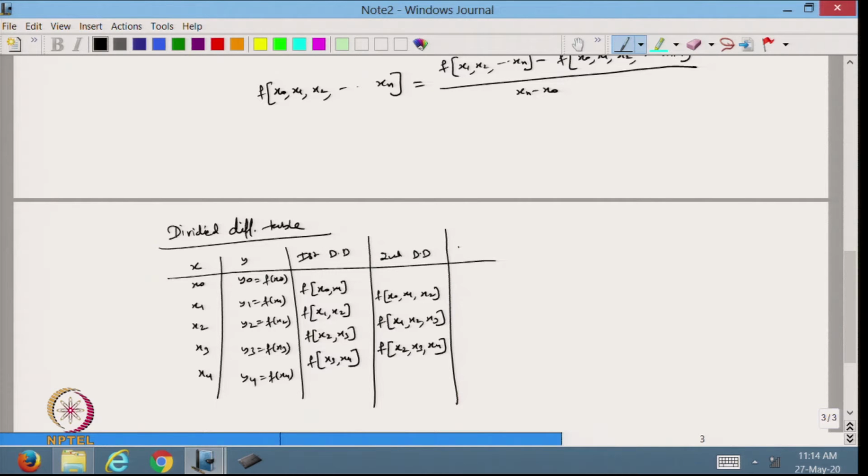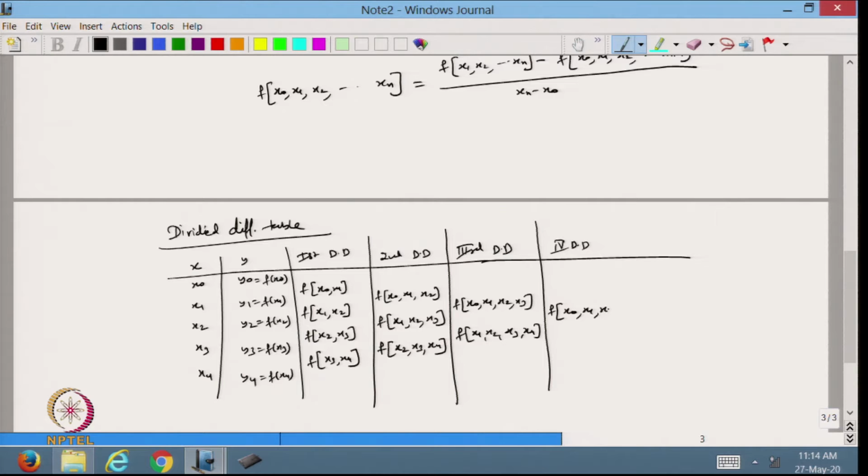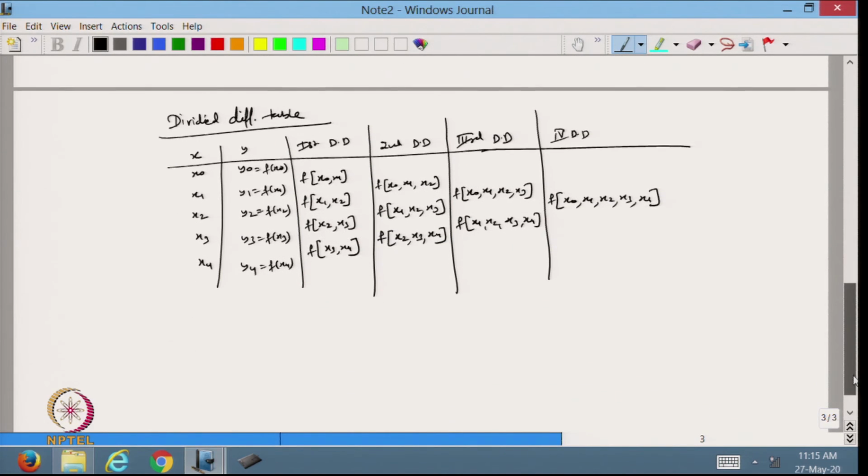So I can write the third one: f[x0, x1, x2, x3] and f[x1, x2, x3, x4]. And the last one is the fourth one. So that will be the only one value, the constant value. So the fourth divided difference will be f[x0, x1, x2, x3, x4], using all these values together. So this is the way we can write the divided difference table.